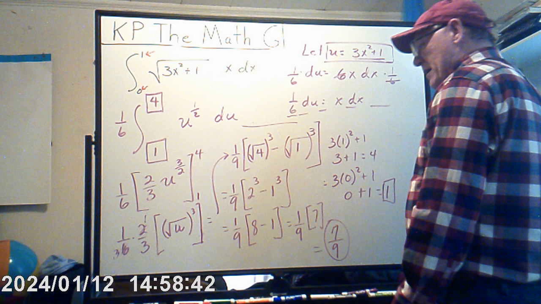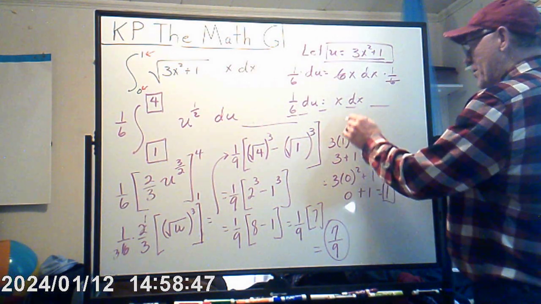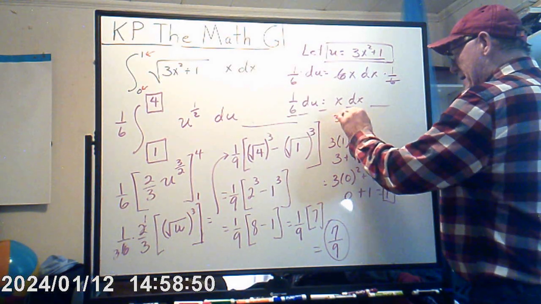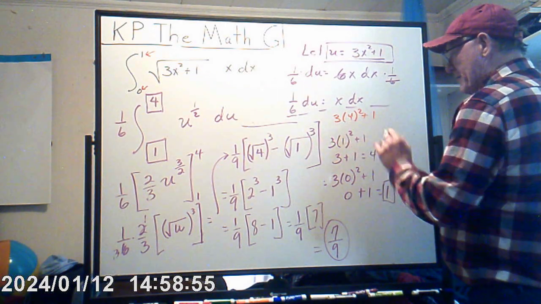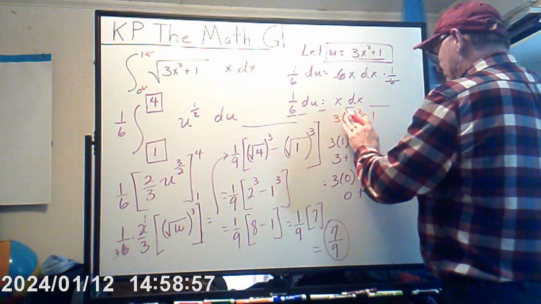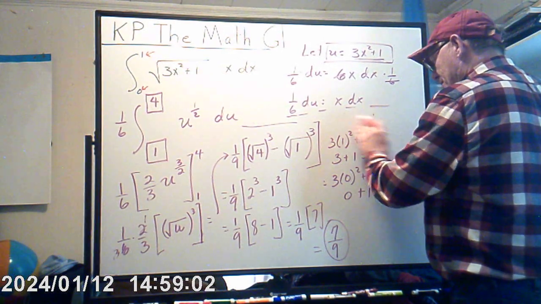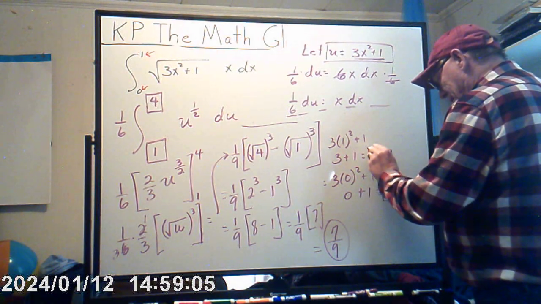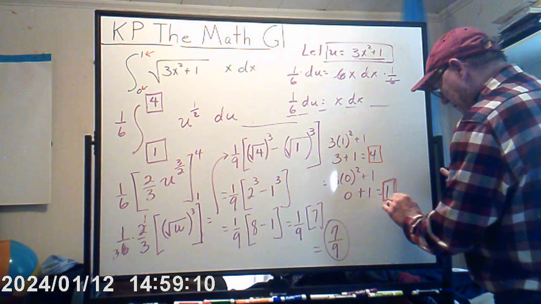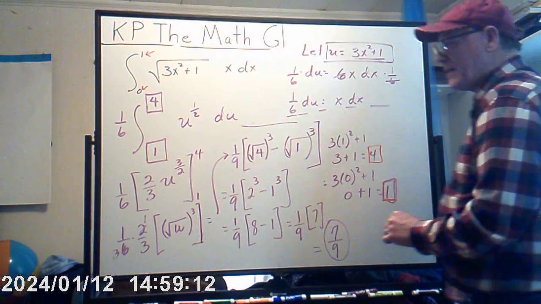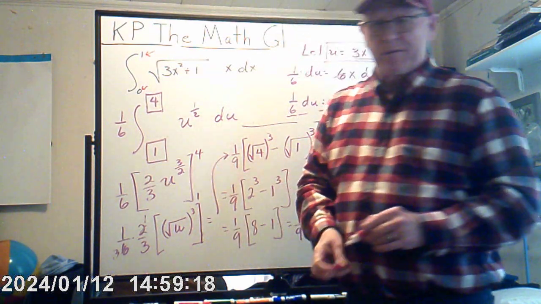We plugged in the 4 up here. 3 times 4 squared plus 1, and got, I'm sorry, it was 1. We did plug in the 1, and got 4, and then plugged in the 0 and got 1. Just kind of keep that in mind. And then now you don't have to substitute this back in there, you just leave it as u.